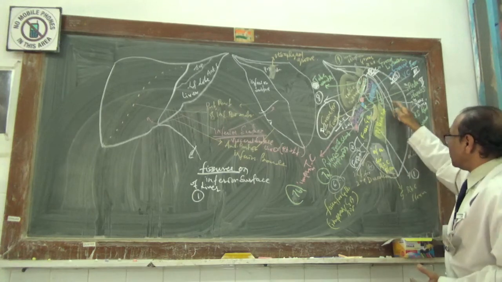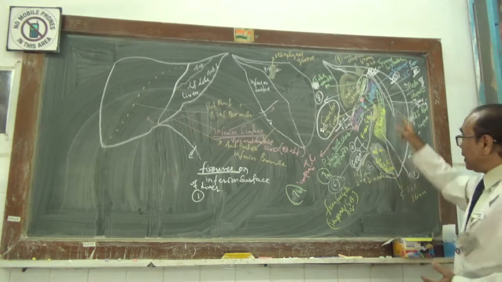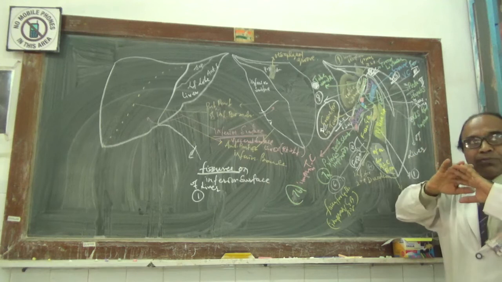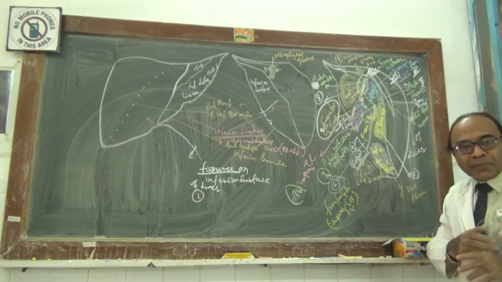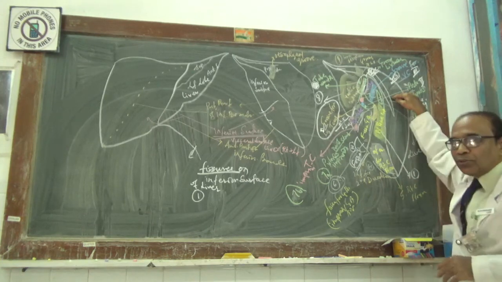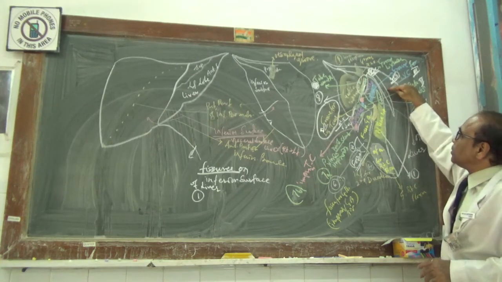And this is the bare area of the liver. The bare area of the liver is the one which is completely naked and uncovered by the parietal part of the peritoneum and the visceral part of the peritoneum.